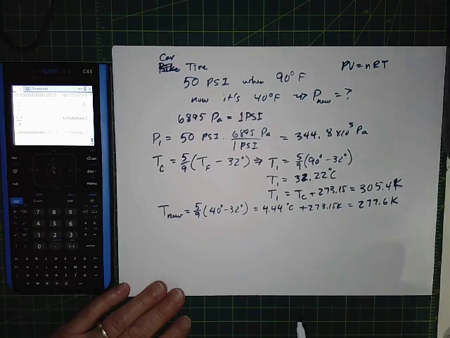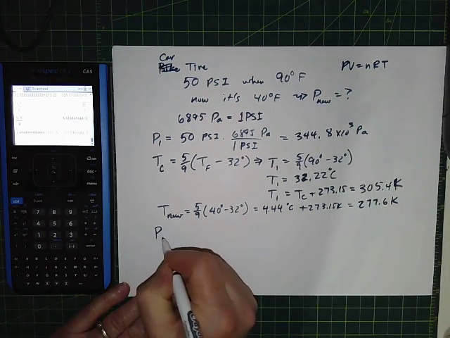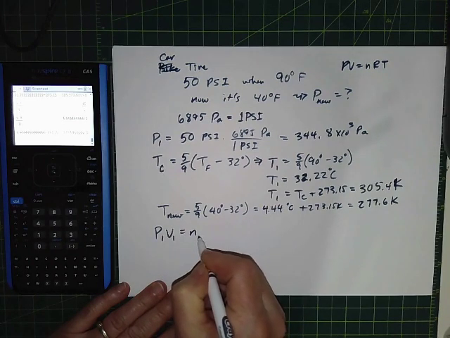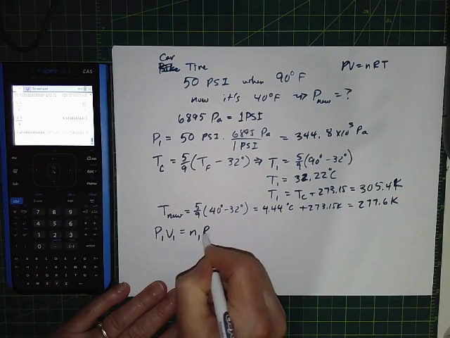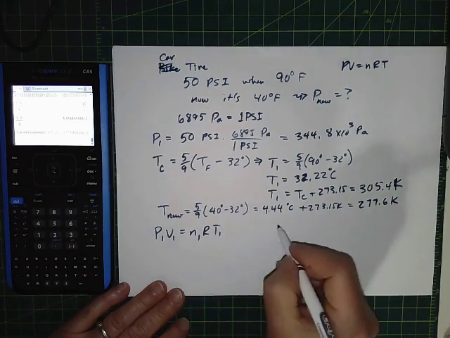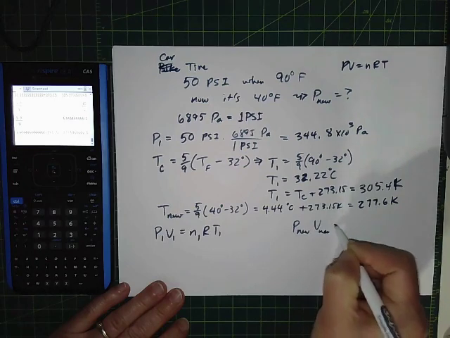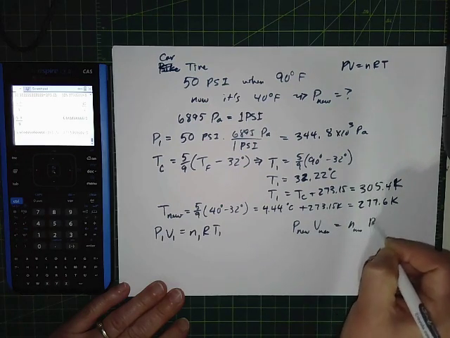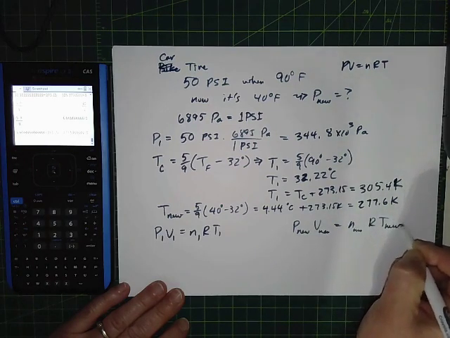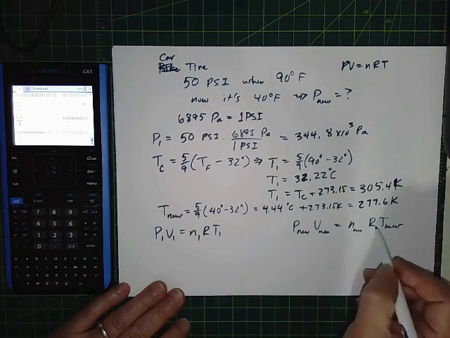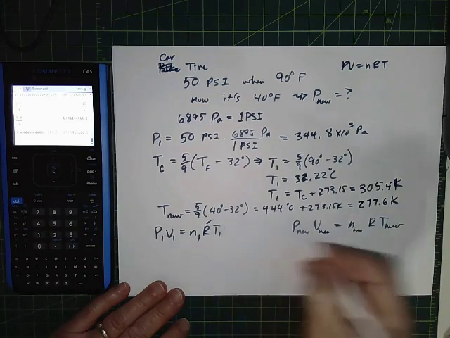Now we're going to use the ideal gas law: P1 V1 equals n1 R T1, and we also have P new, V new, n new, R, T new. So what stays the same, what changes? R is a constant, it's going to stay the same all the time.